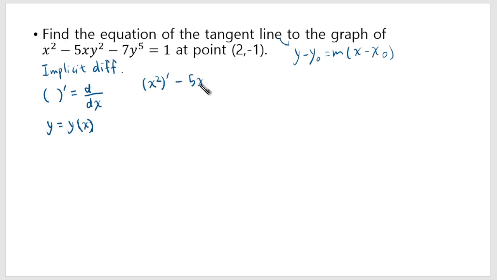We're going to differentiate term by term. And x squared, if you differentiate by x, well, the derivative is 2x, that everyone knows. On the other hand, when you see this, I want you to think about this as 5x and y squared.